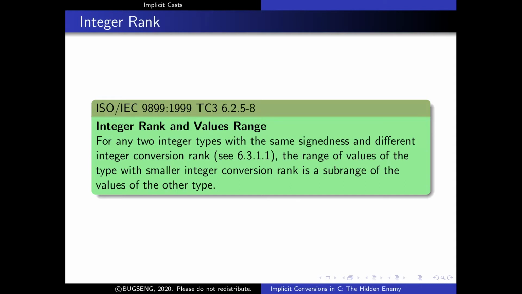This is a quote from C99, but other versions of the C standard are basically the same. Every integer type is characterized by a rank. When the rank of one type is smaller than the rank of another type, the type with the smaller rank can represent a subrange of the values of the other type.